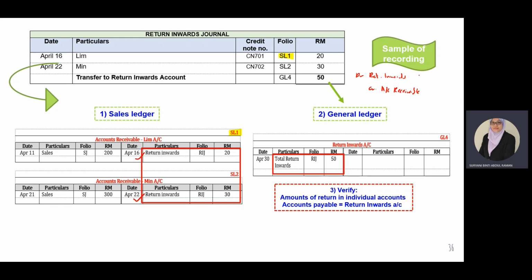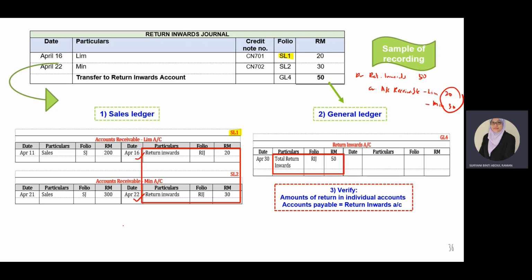The return inwards is 50 ringgit, and the accounts receivable to be reduced are Lim by 20 ringgit and Min by 30 ringgit. So at the end, the check must tie back to the total return inwards.